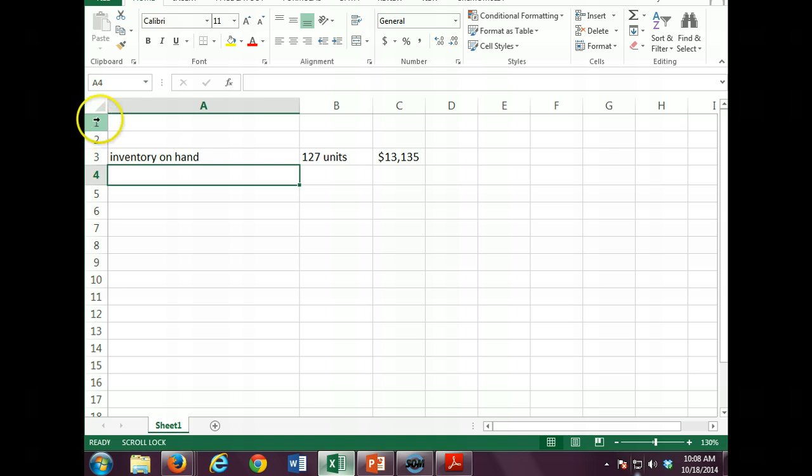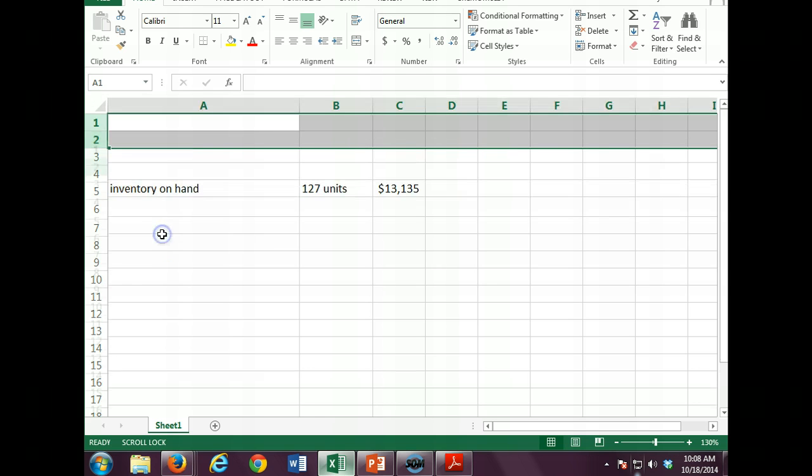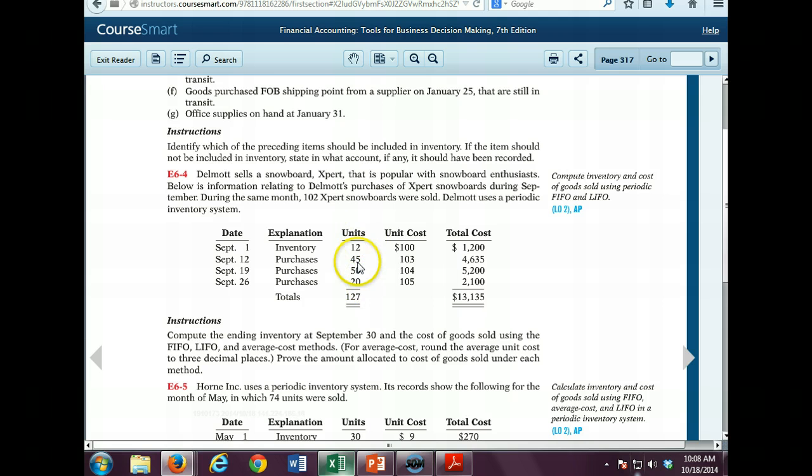So what makes up those 127 units? 12, 45, 50, and 20. If we show on hand at the end of the year 25 snowboards, and we're using the FIFO method, which means first in is the first out, what are we going to do to calculate our cost of goods sold?